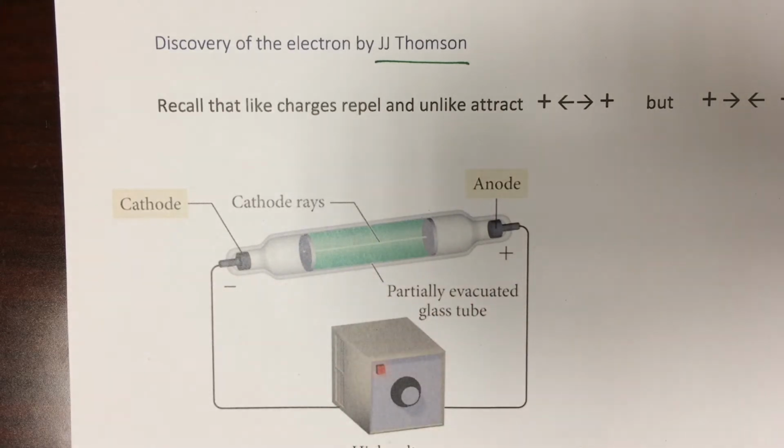And the ray was composed of very, very small particles. And he was able to determine the mass of the particles, and they were actually particles that were smaller than the atom. So Thomson had discovered our first subatomic particle, and he named it an electron.